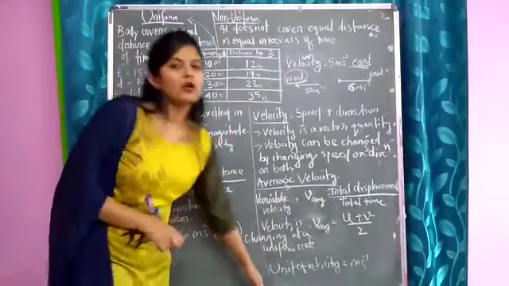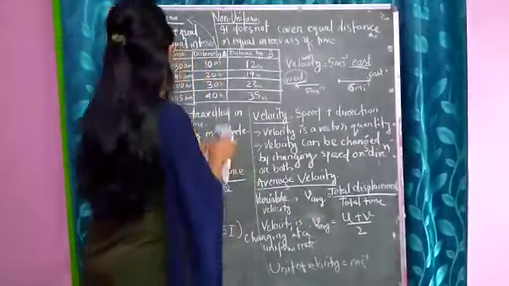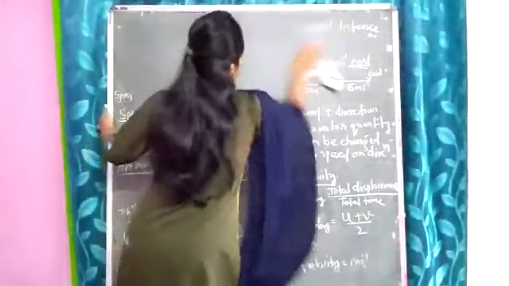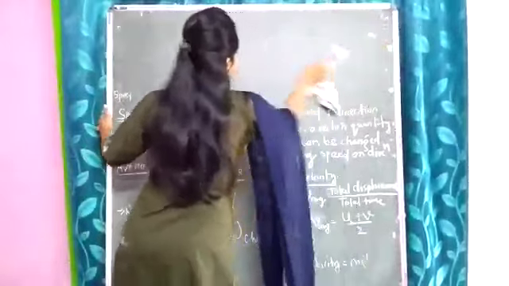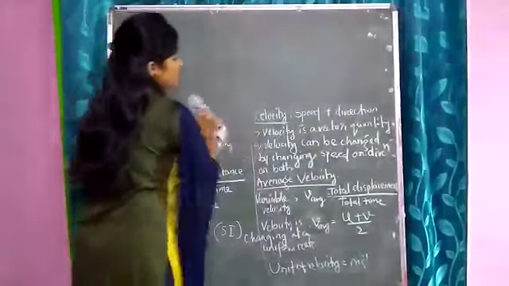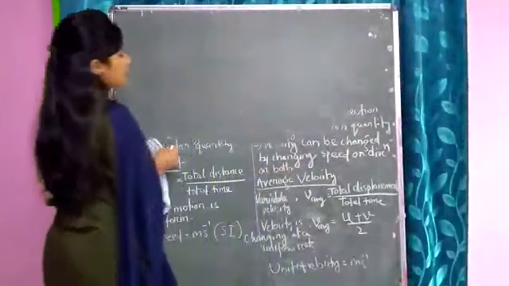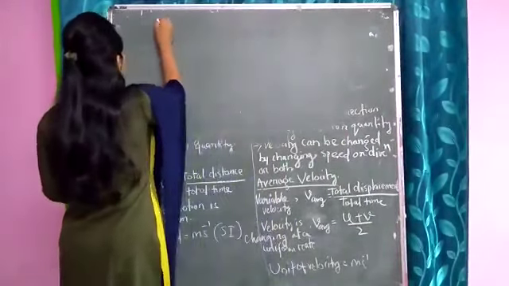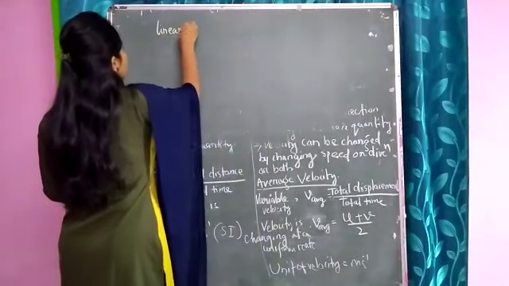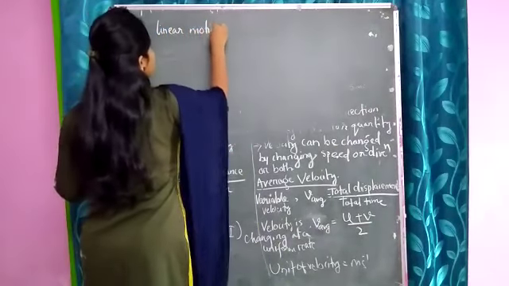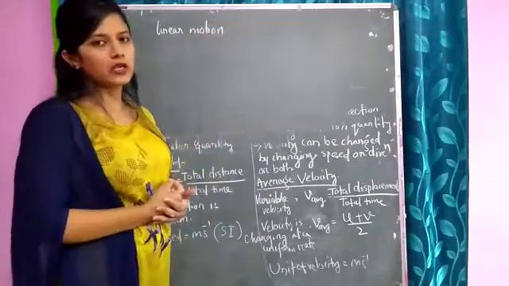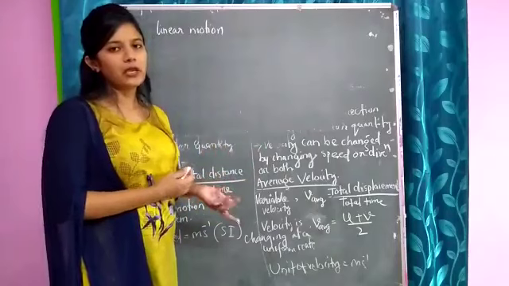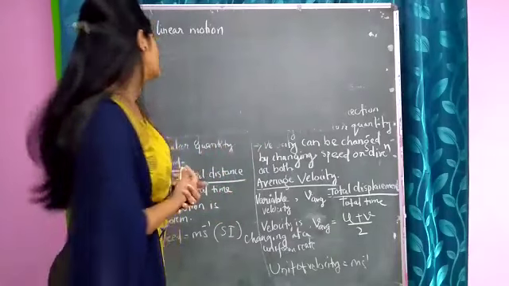So let us try to know more about the difference between speed and velocity. What is the basic difference between them? For a single case, that is the linear motion case, we can say that the speed and velocity will be the same. But for other cases, it may or may not be the same.